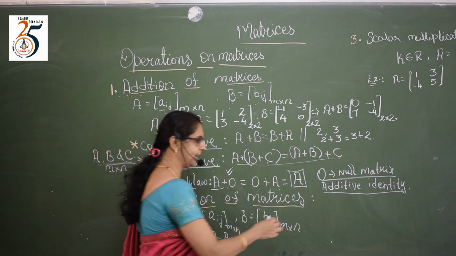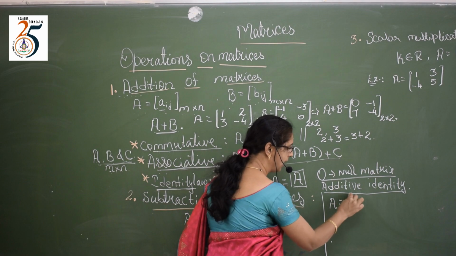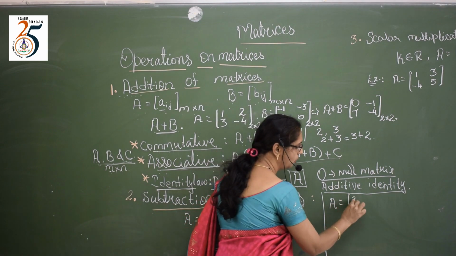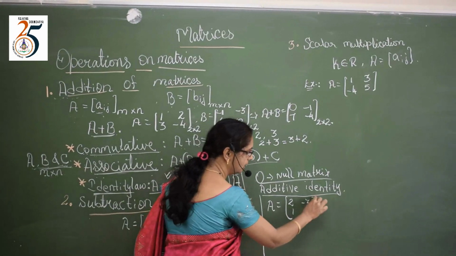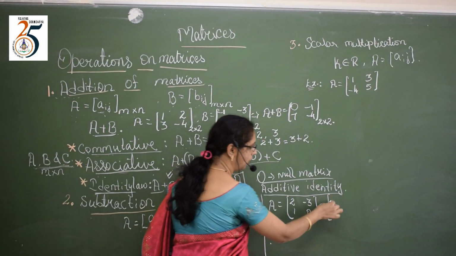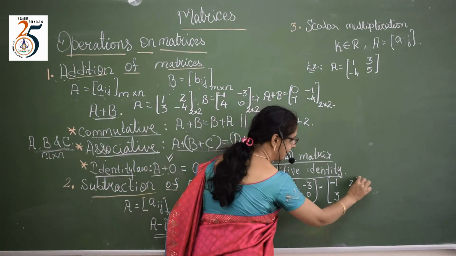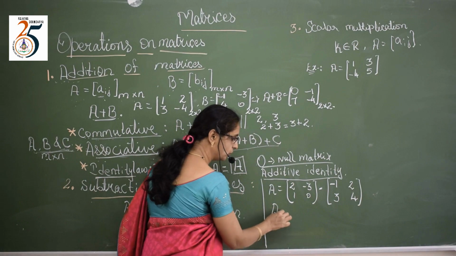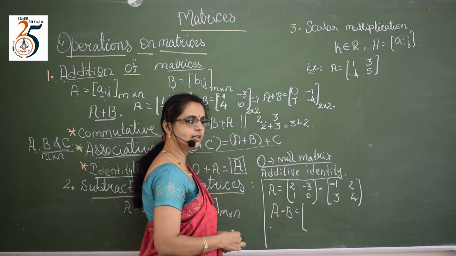I will show you one example of how to subtract two given matrices. I will consider 2 cross 2 itself. 2, minus 3, 1, 0, minus of minus 1, 2, 3, 4. Let us subtract them. But before subtracting, let us check whether the first condition I said is satisfied or not.